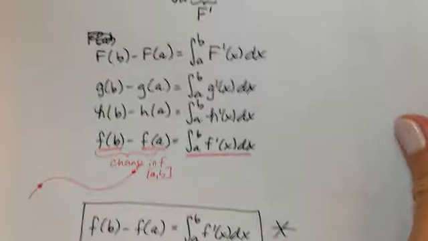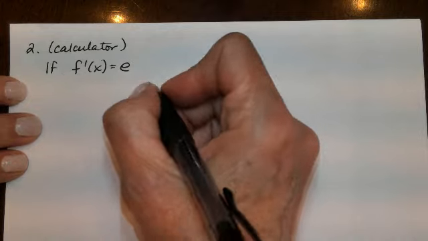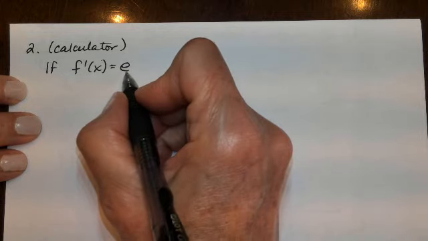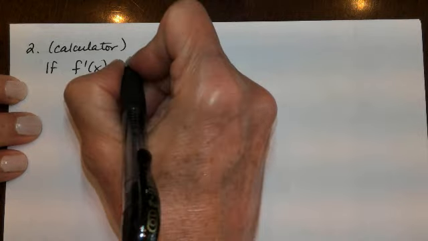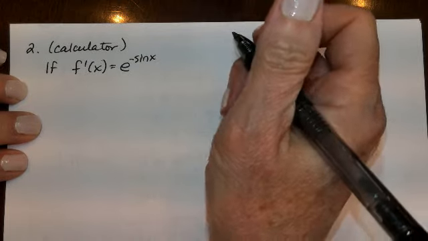All right. Next example. And this one we're going to use our calculator on just to speed things up. Okay, so I'm going to put calculator on this one. If f prime of x is, and since we've got a calculator in our hands, I can make this function pretty complicated. Okay, this one's not going to be terribly complicated, but e to the negative sine x.